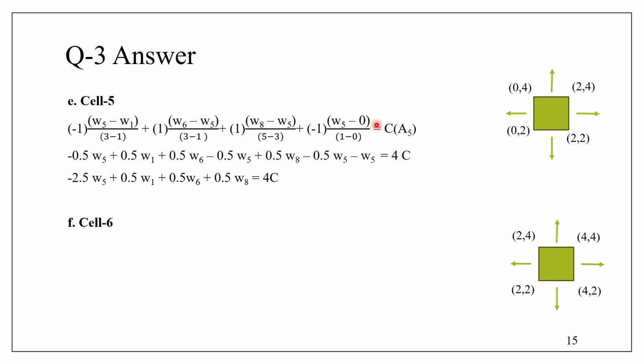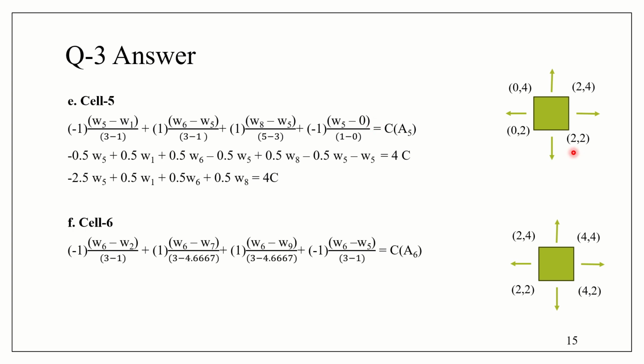Cell 6 is above the second cell; to its left we have the fifth cell, and to its right the seventh cell, which is a triangle cell. For this side we see W6 minus W2 divided by 3 minus 1, and on this side we have W7 minus W6 divided by 3 minus 4.667, so W6 minus W7 or W7 minus W6, whichever is convenient, divided by 3.